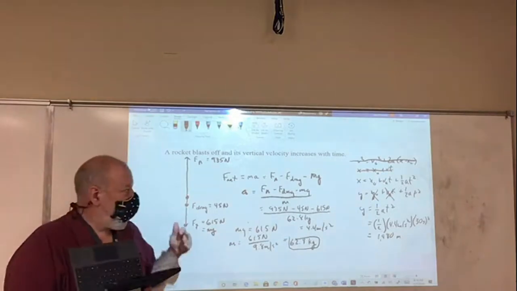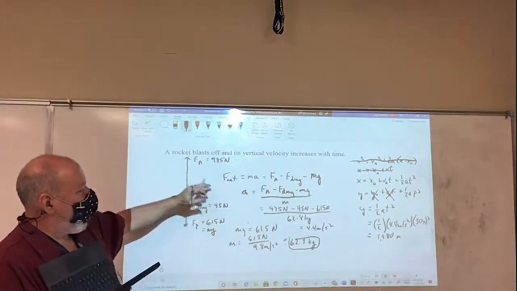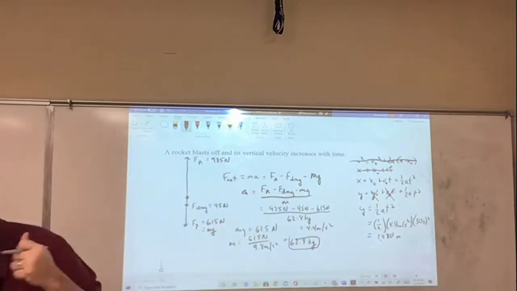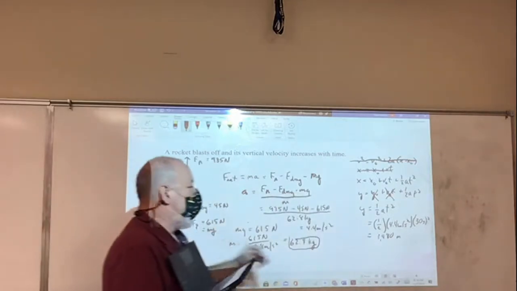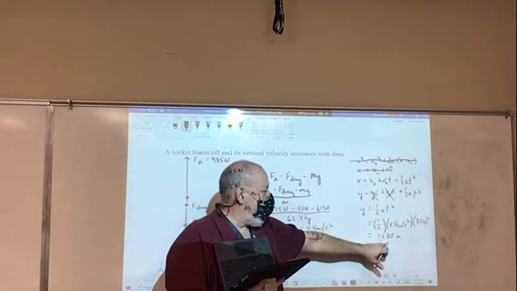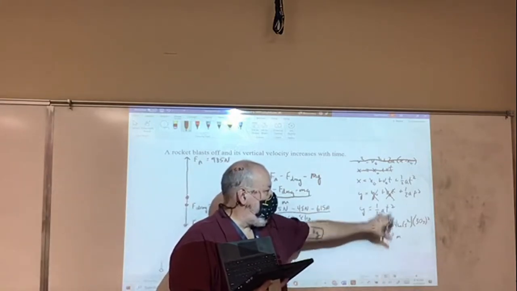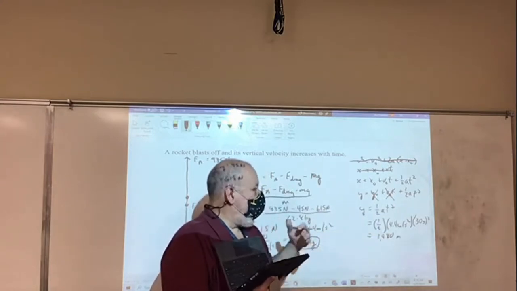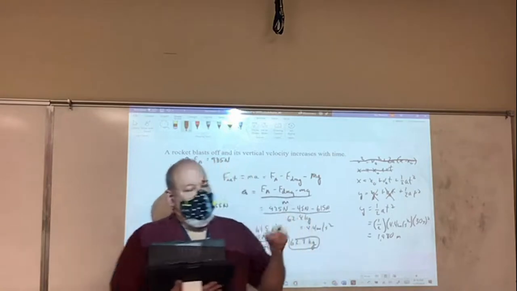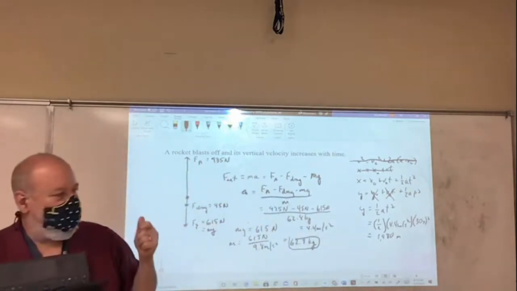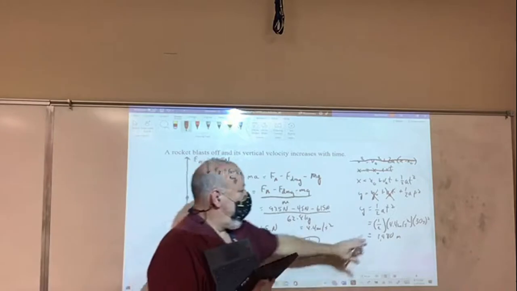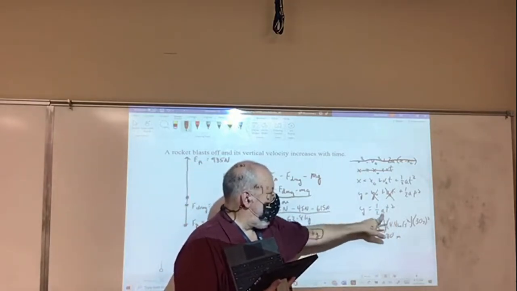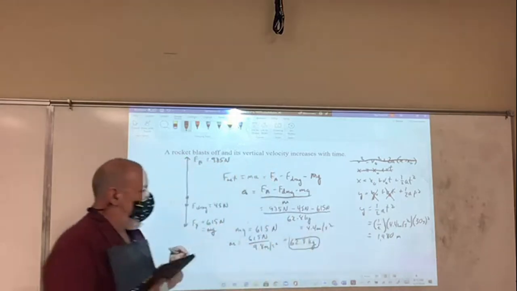Okay, so the pattern of activity. I ask myself, is this a motion problem or is this a force problem? If it's a motion problem, I write out a formula that will solve my motion problem, and if I need to, use a motion diagram. Go through the process, x0, x, v0, v, acceleration and time, and then figure out what formula you need to use and write it out. Then inspect it and say, wait a minute, I don't have acceleration.